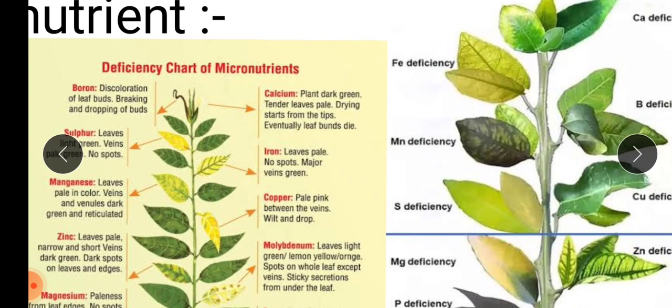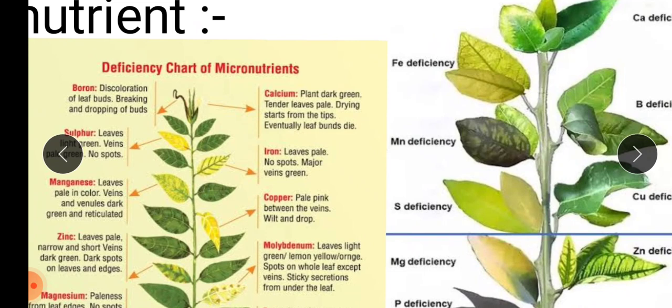Then death of the growing point of roots, shoots and younger leaves occurs due to the deficiency of boron. We also observe barren ear in maize, hollow heart in groundnut, and cracking or rotting of fruits, tubers or roots. These are the deficiency symptoms of boron.